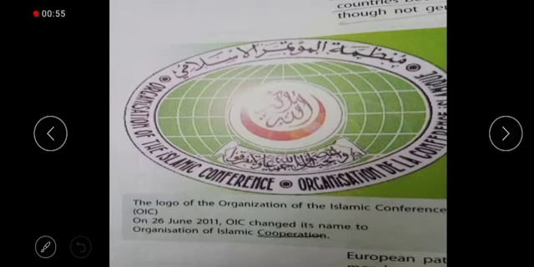The basic aim of this organization was the protection of the holy places of Muslims and to develop and support peace and security among the member countries. Today, it has 57 Islamic nations as members, and the basic aim of this organization now is the promotion of trade between the Islamic countries and developing an Islamic common market.